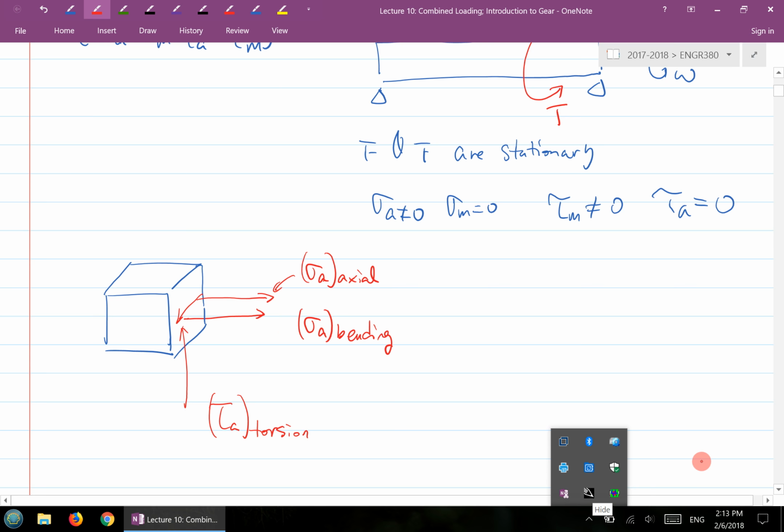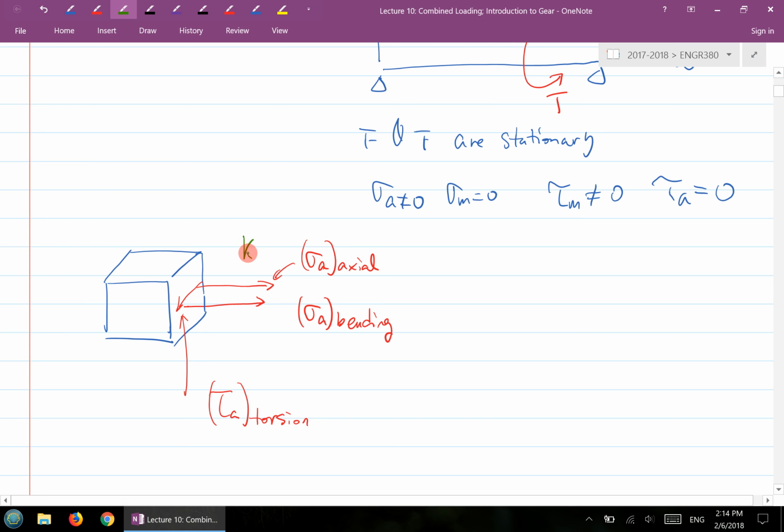Now, if the particular location has a stress concentration factor, let's say it's a fillet location or a notch location, then in front of these values you will have to multiply. For example, this one is Kf, so you're going to have to multiply this value with a fatigue stress concentration factor, and here you're going to have to do the same thing.